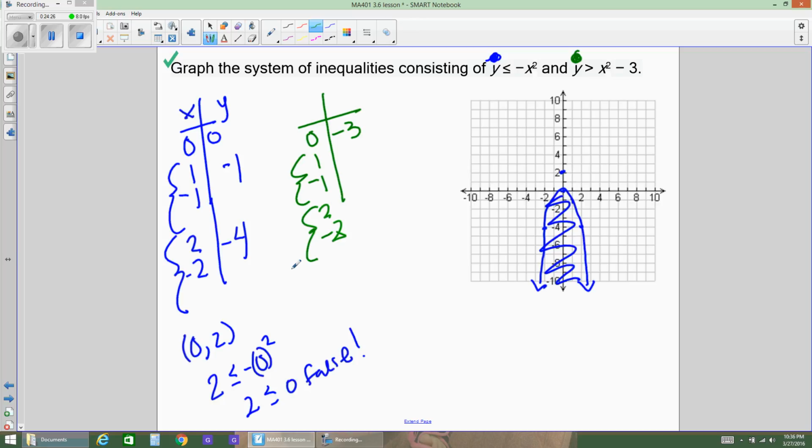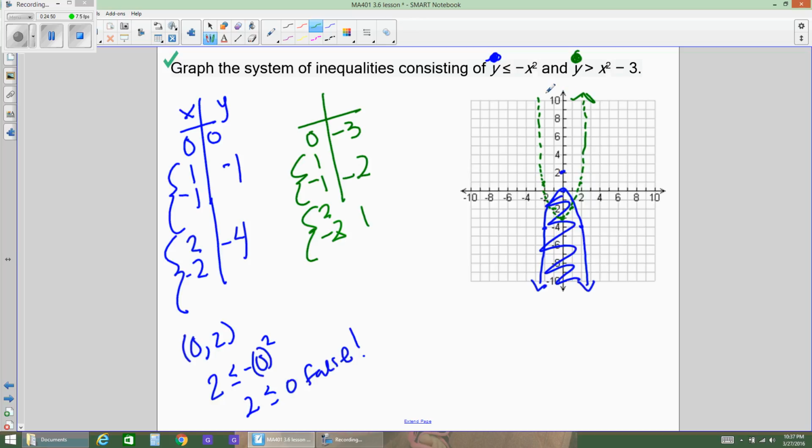You should get negative 2. And you should get 1. Negative 2 and 1. And check the line type here. The line type on this one is dashed.